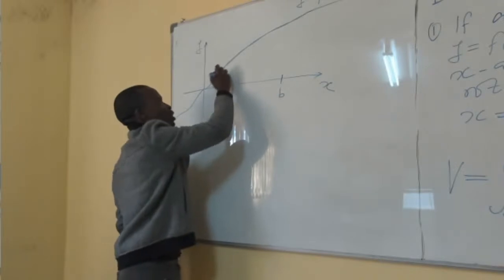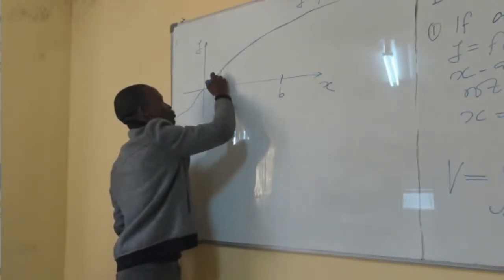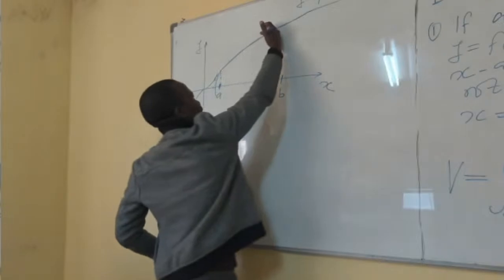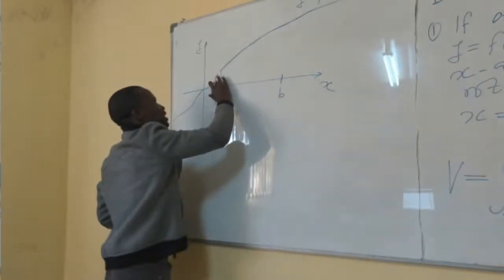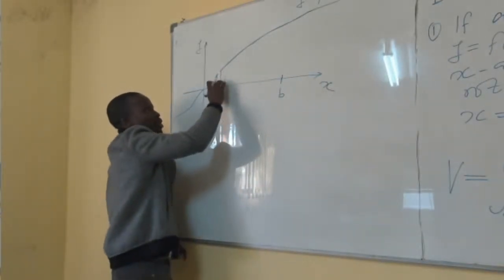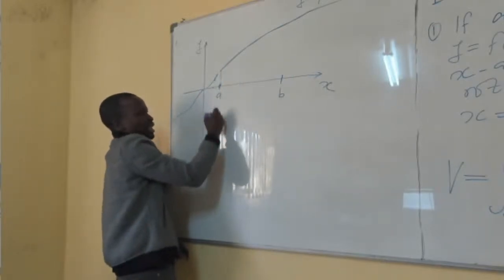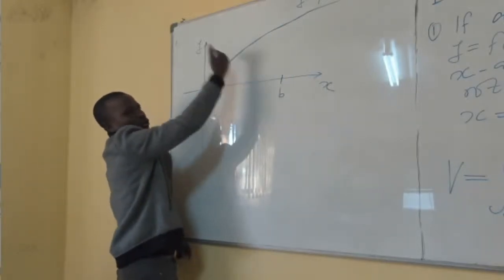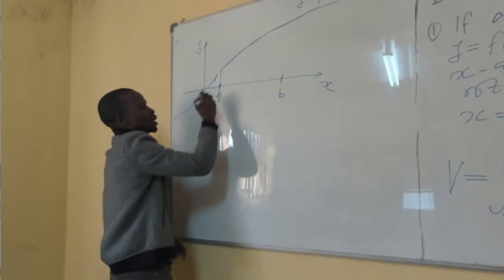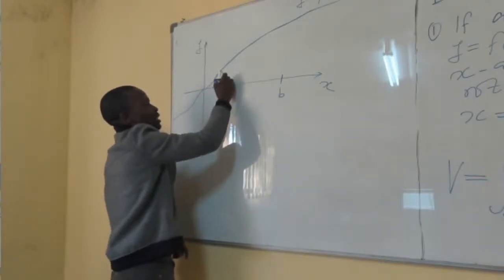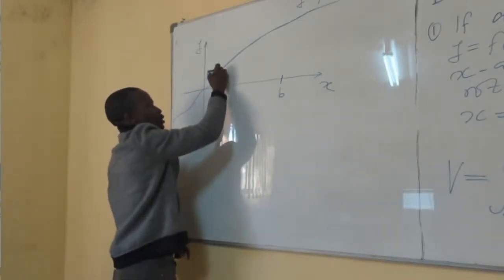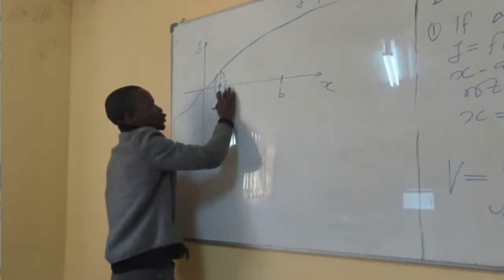So when we rotate this piece up, the distance from this point to that point up to where it reached down here is the same, and also somewhere this side. So in short, when you rotate this, what you're going to get is a solid of revolution.